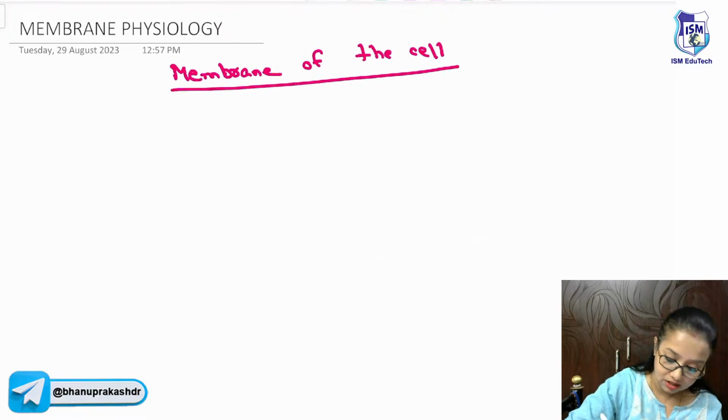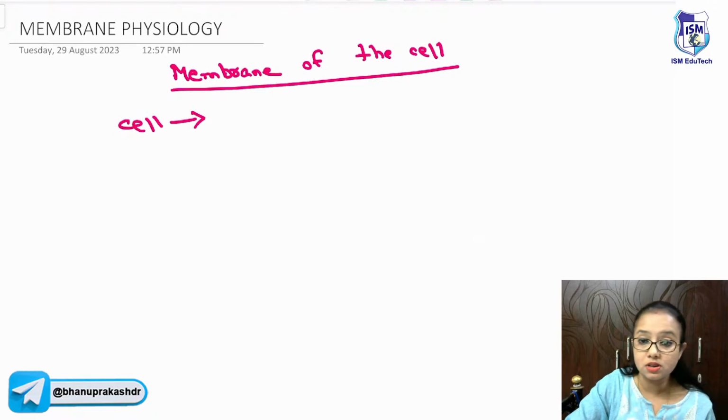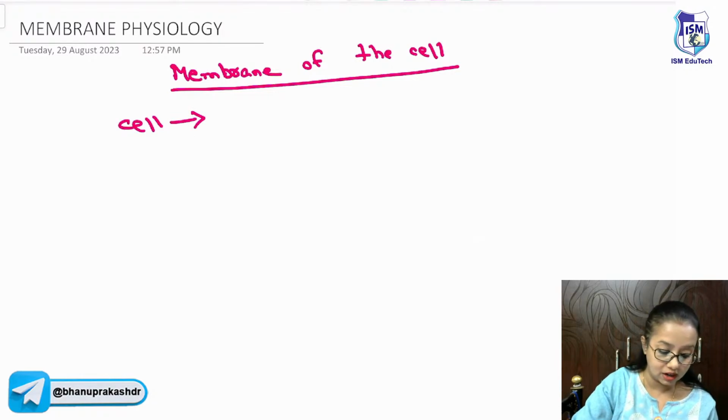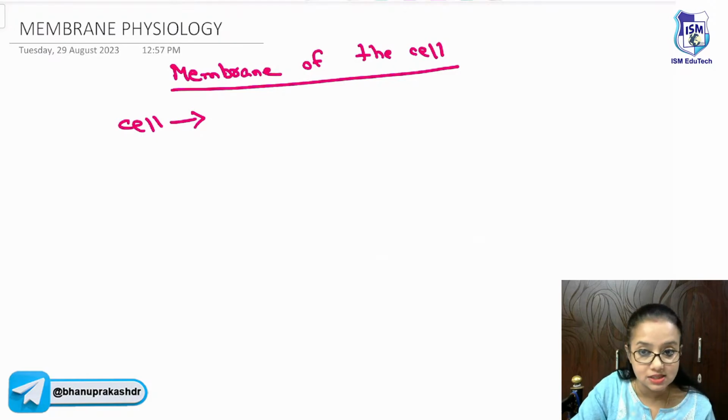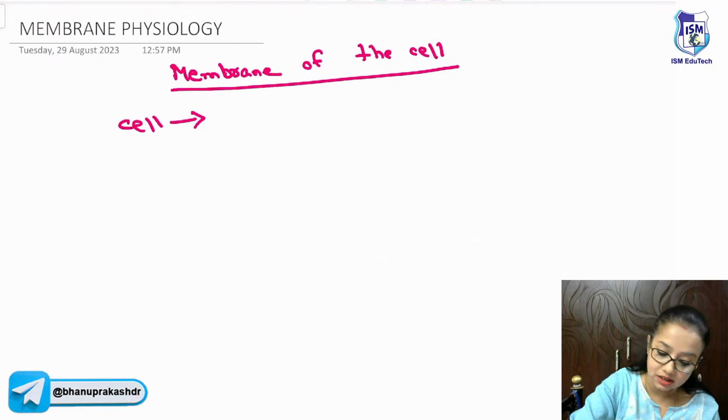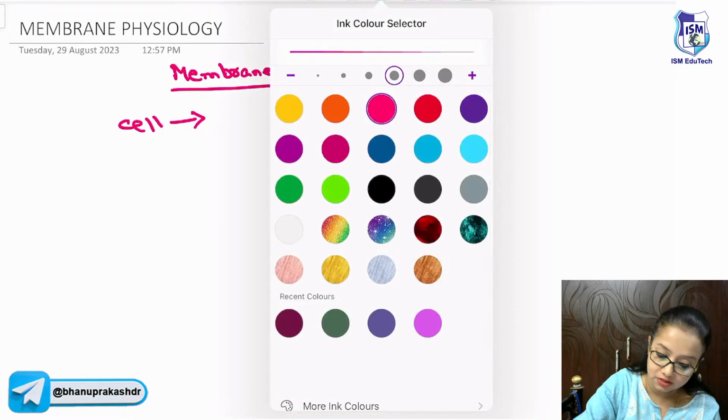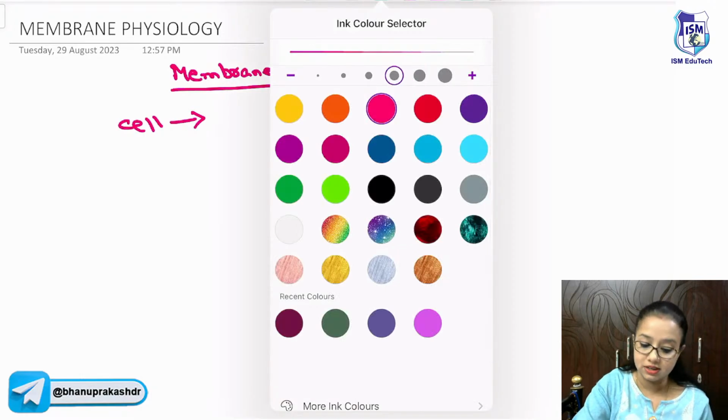Now cell, as we know, from your sixth standard itself, you have studied biology. And when you have studied biology, you are quite aware of the structure, that is cell. So how do we define cell? What has been the traditional way of defining cell?